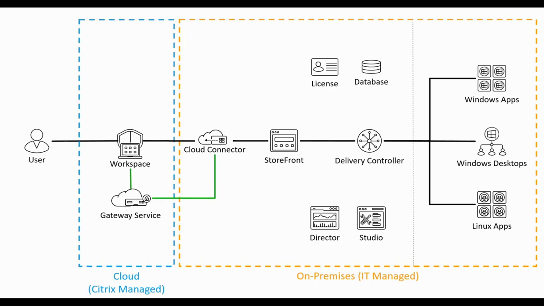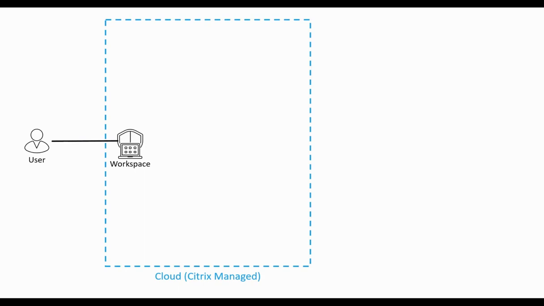Again, you still need the cloud connector on-prem, but now you're using the gateway service that will give you that remote access to this on-prem environment. But regardless of which approach you take, you've got to have the cloud connector, because that is the link between your on-prem environment and Citrix Cloud, Citrix Workspace that runs in Citrix Cloud.